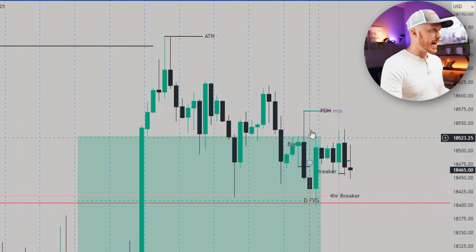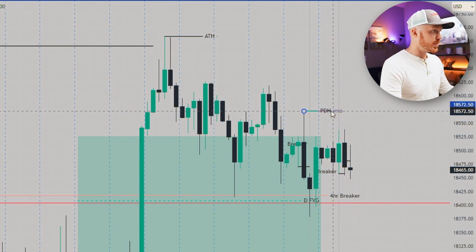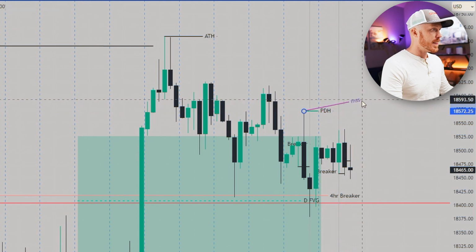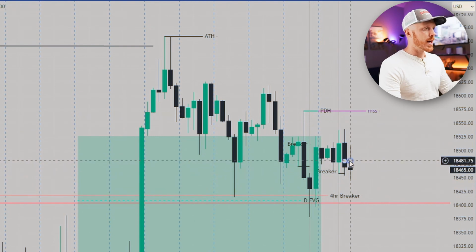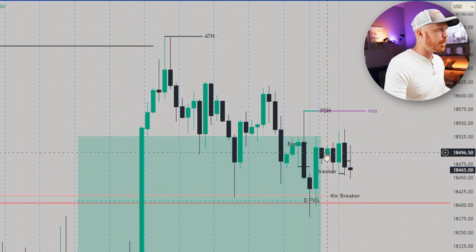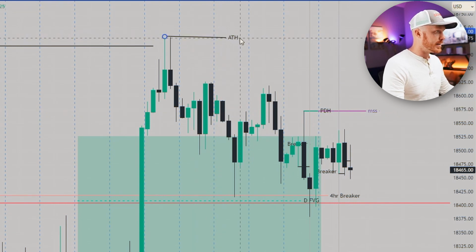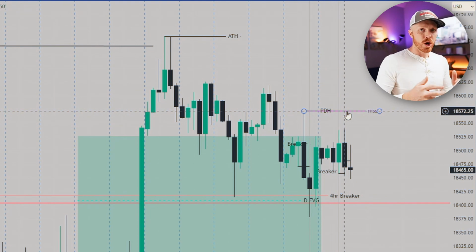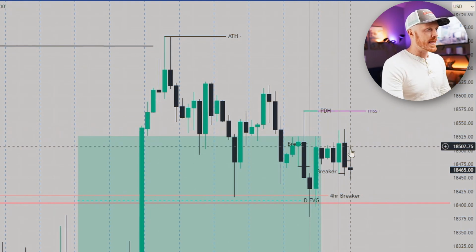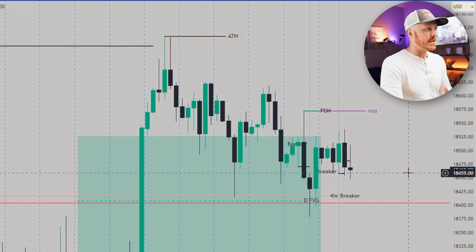Now, as soon as this high, which is a previous day, hits, that will become our market structure shift. That is our signal on a higher time frame analysis that price is now going to go back to the all-time highs. Until we do that, we have to assume that the market is going to find that imbalance and then move lower. There we are on the 4-hour. So this is the premise I'm coming into today with.